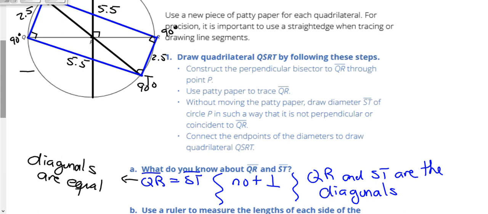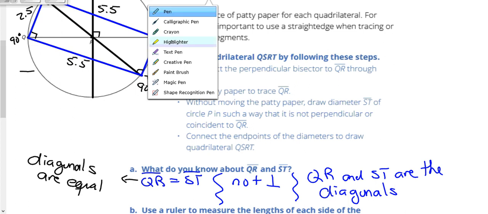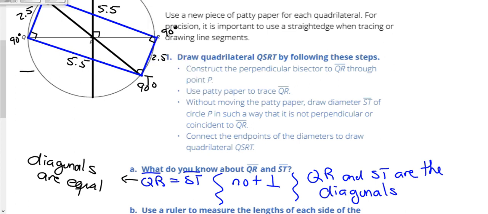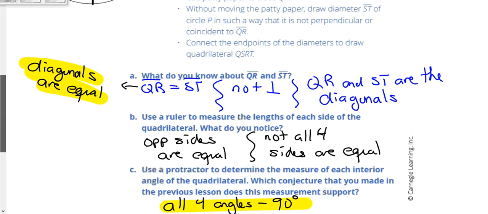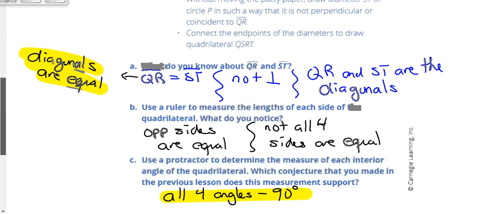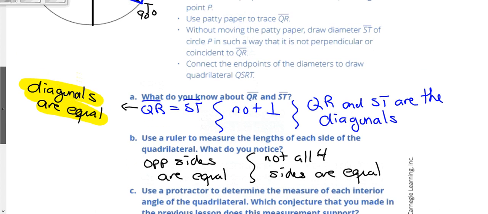So if you know you have four 90-degree angles, but opposite sides are not equal, then you have that rectangle, and therefore you know that the diagonals are equal. Okay, so you've got diagonals are equal, opposite sides are equal, all four angles are 90 degrees. Okay, so it falls into that whole rectangle.